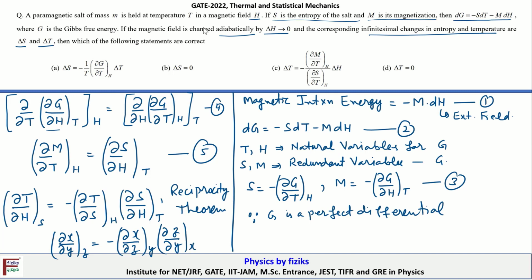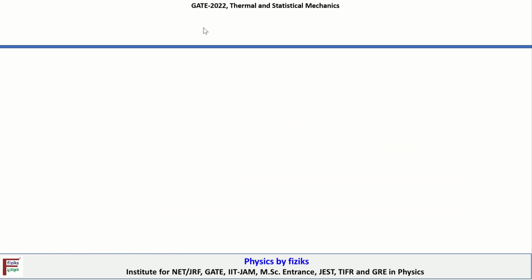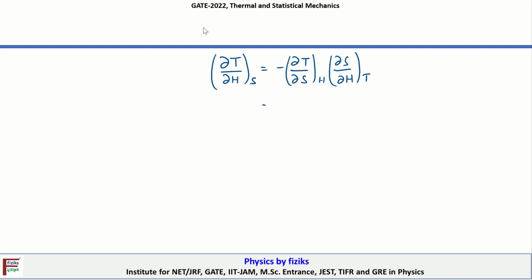I can further rewrite this equation as (∂T/∂H) at constant entropy, which is equal to minus (∂T/∂S) at fixed field, times (∂S/∂H) at constant T. This is by the reciprocity theorem.